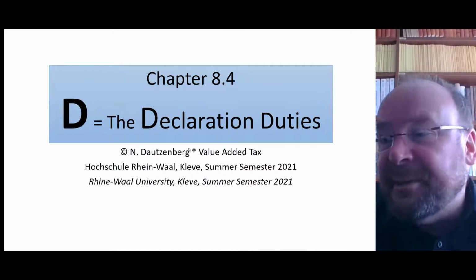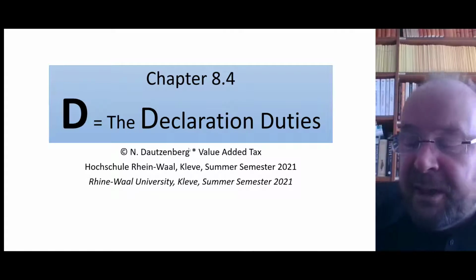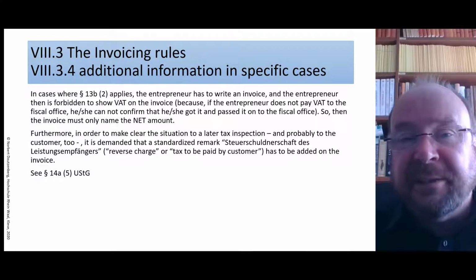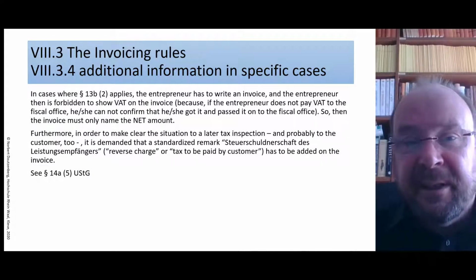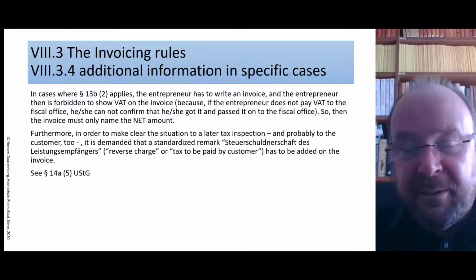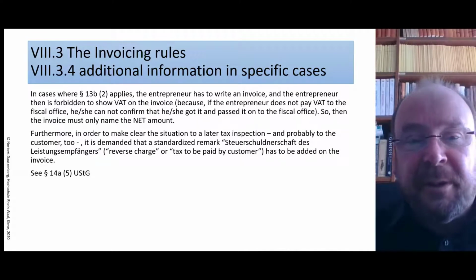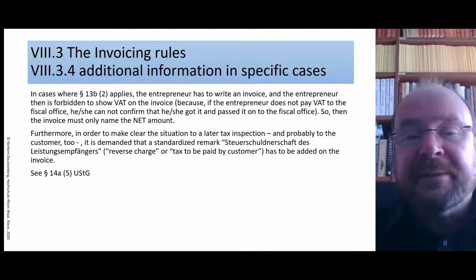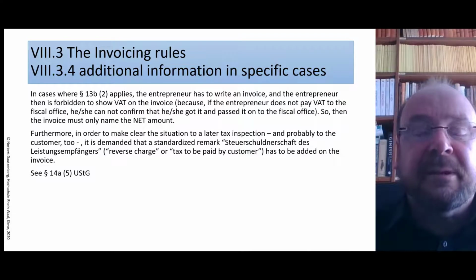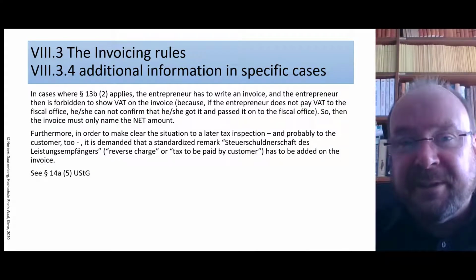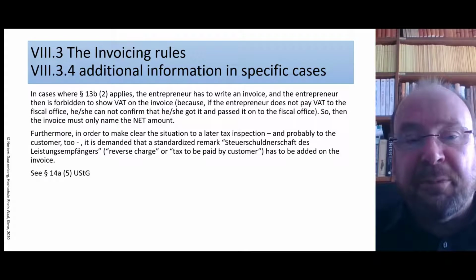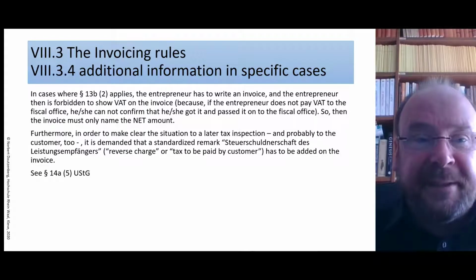Yeah. These are the most interesting peculiarities. By the way, what I can still add is, for example, if you have to confirm no VAT because the matter is tax-free, so that even your customer does not have to pay VAT on the amount, then you are also required to make a remark on the invoice where you state that there is a tax exemption, so that your customer can check and can find out, okay, it's not a mistake, VAT has not been forgotten, but indeed VAT was left away on purpose because there is a certain tax exemption.